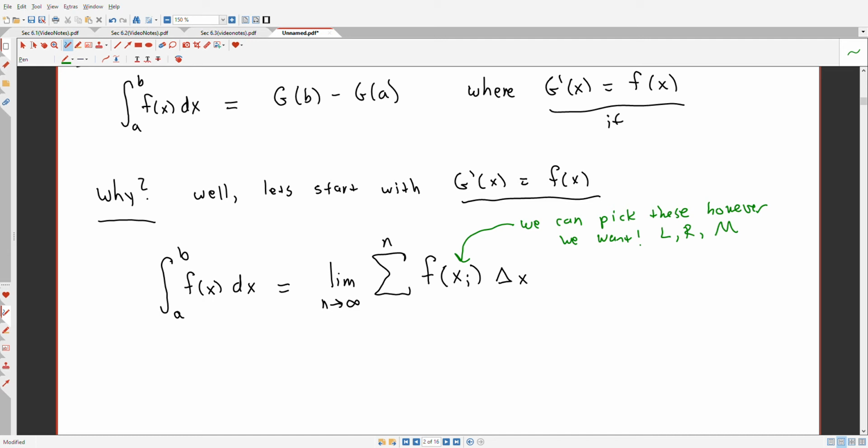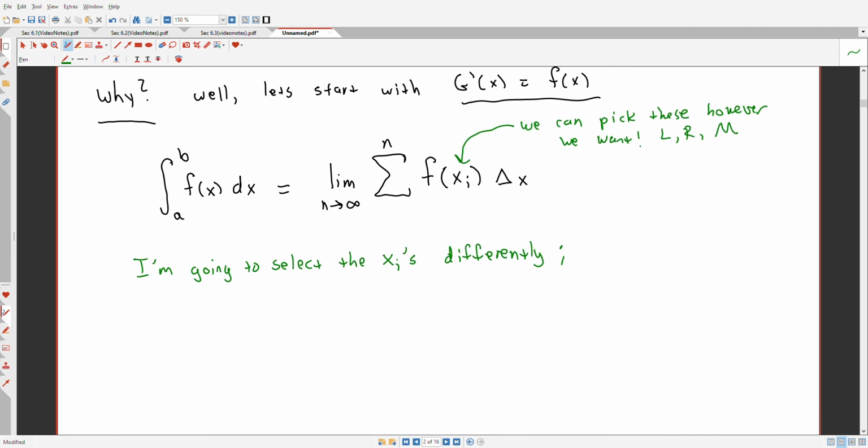I'm going to select what I'm calling the x sub i's in a different way. I'm not going to pick left points or right points or midpoints.